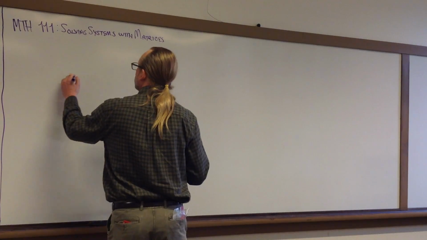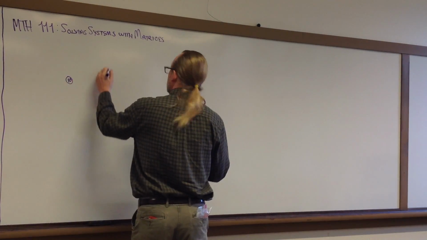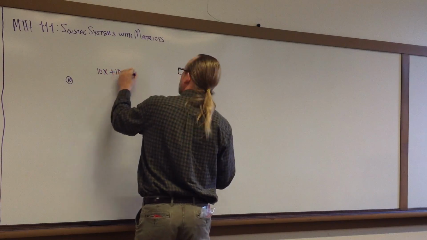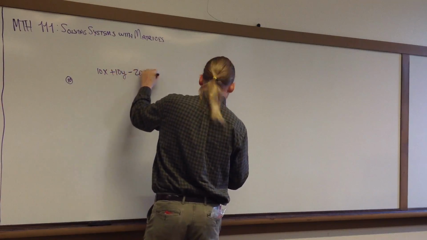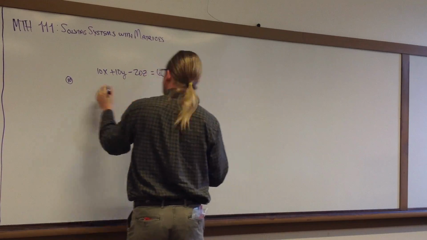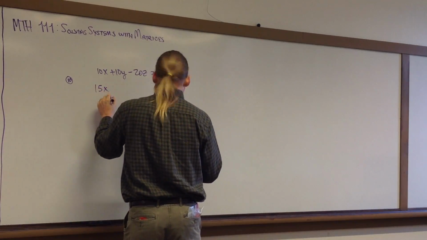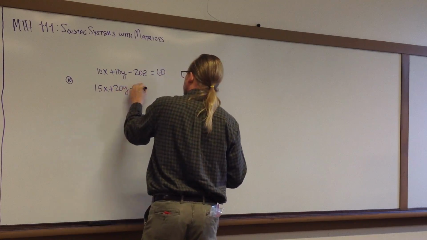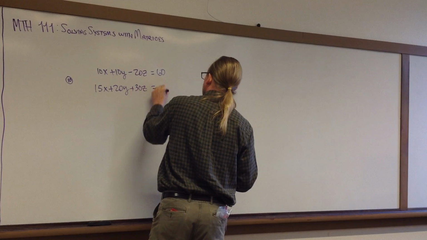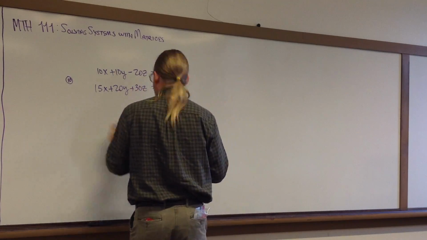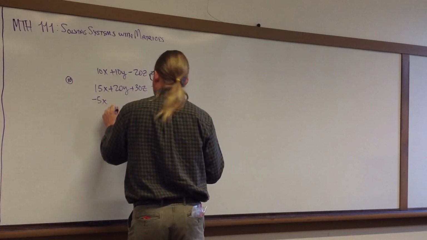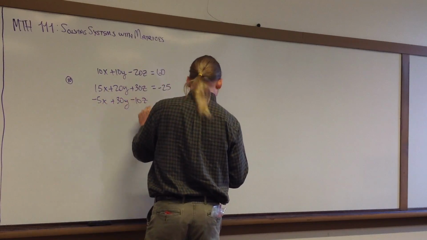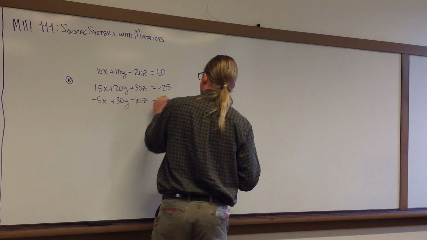All right, problem 10, we've got 10x plus 10y minus 20z equals 60. 15x plus 20y plus 30z is negative 25. And then negative 5x plus 30y minus 10z equals 45.